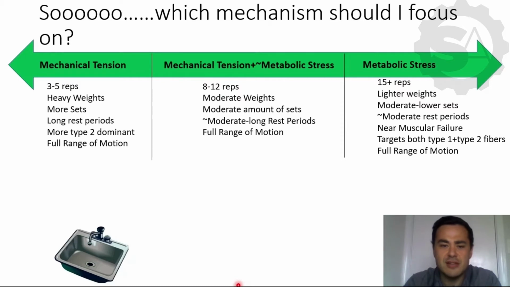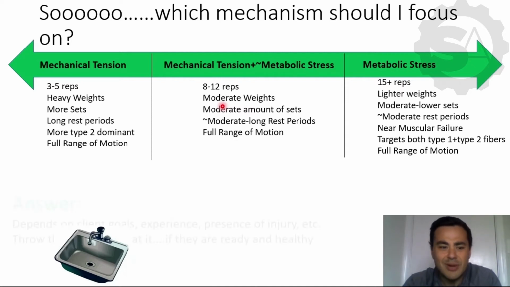Maybe that's just because you get a little bit of both. You're going to get some mechanical tension, obviously, and then maybe on the later end of that, you're going to get some metabolic stress as well. So in this case, it's kind of right in the middle. Moderate weights, moderate amount of sets, still going through a full range of motion.